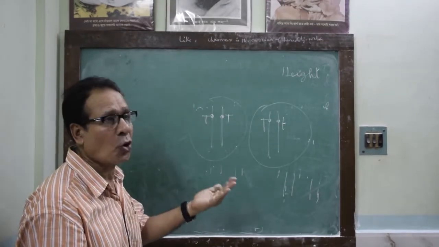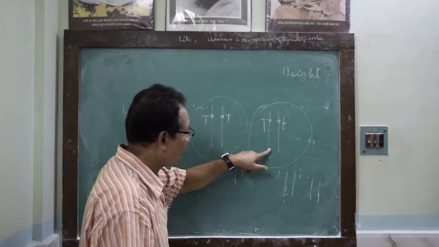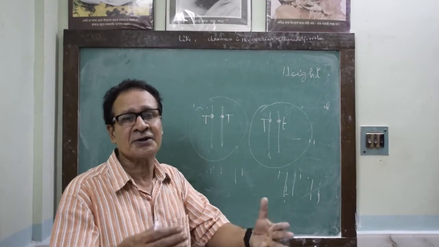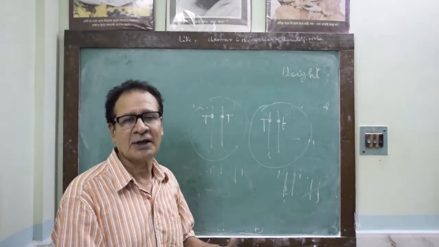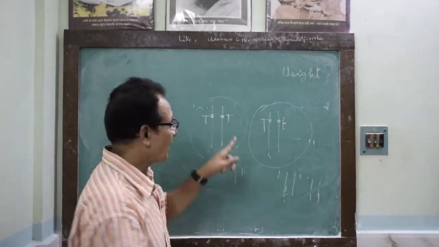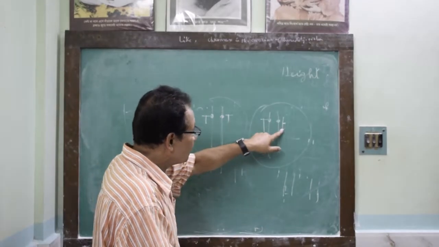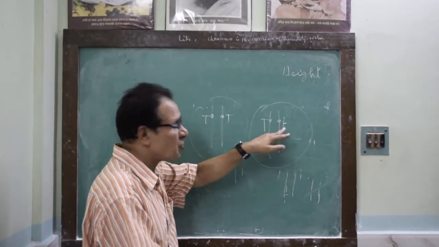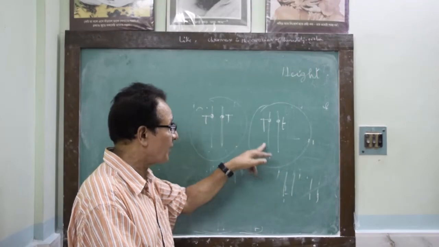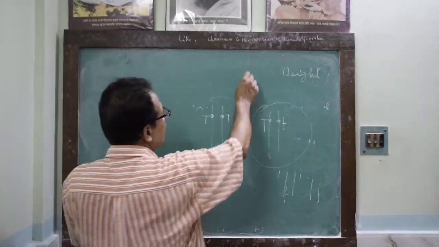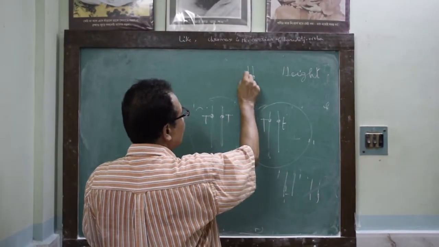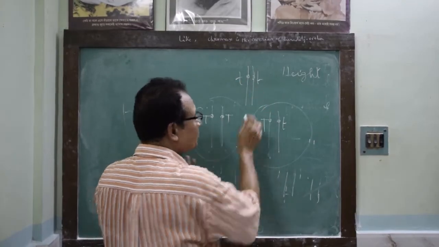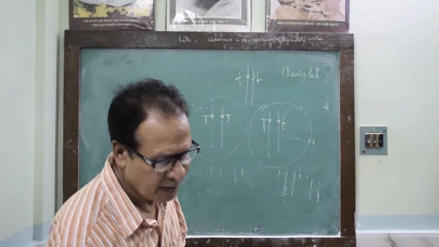It is also tall. The tall is dominant, but dwarf remains suppressed in heterozygous condition, and to be expressed it must be homozygous. So it is recessive.